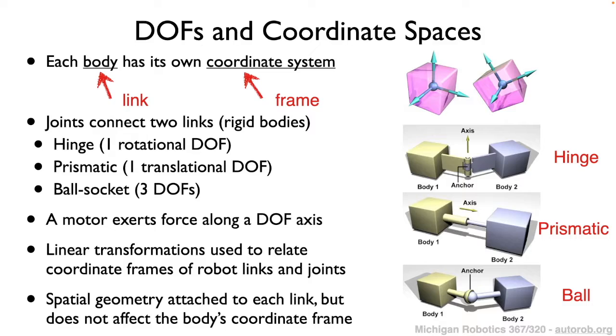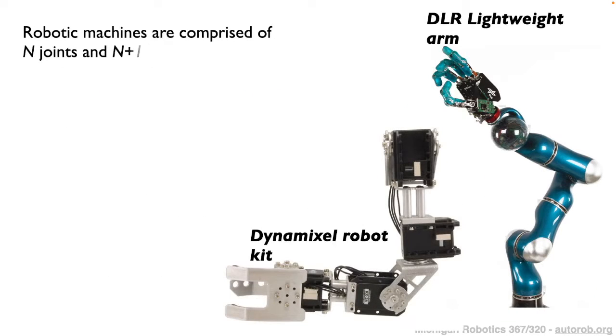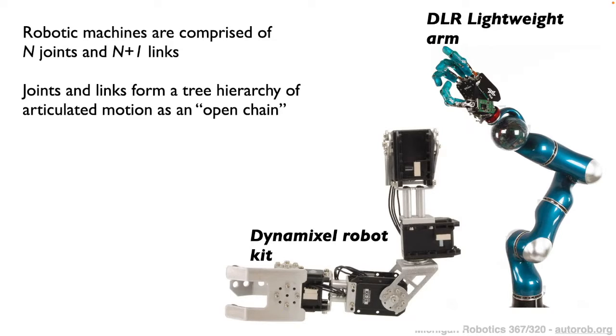As we move forward in the semester, when we get to forward kinematics, we'll be looking more into the details of those. But the key takeaway here is that ultimately our robots are made up of this collection of rigid body links and articulated joints. And so let's look at some examples from physical robots of how these systems are built.